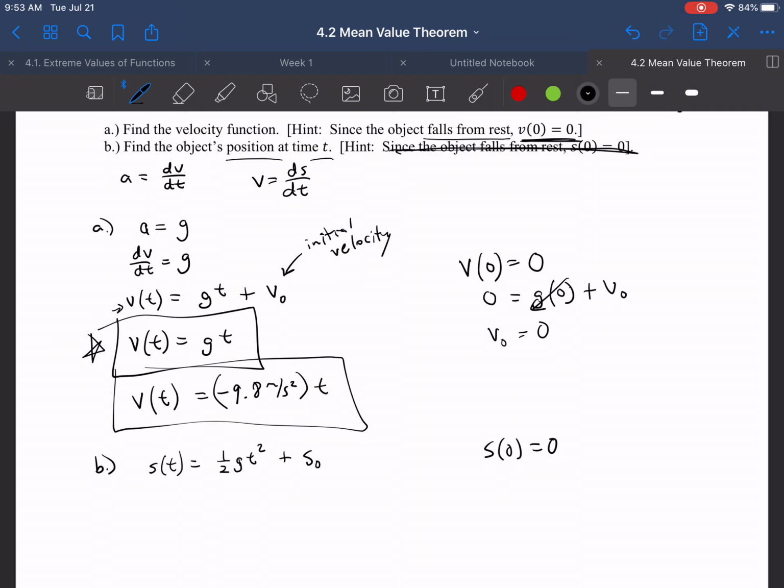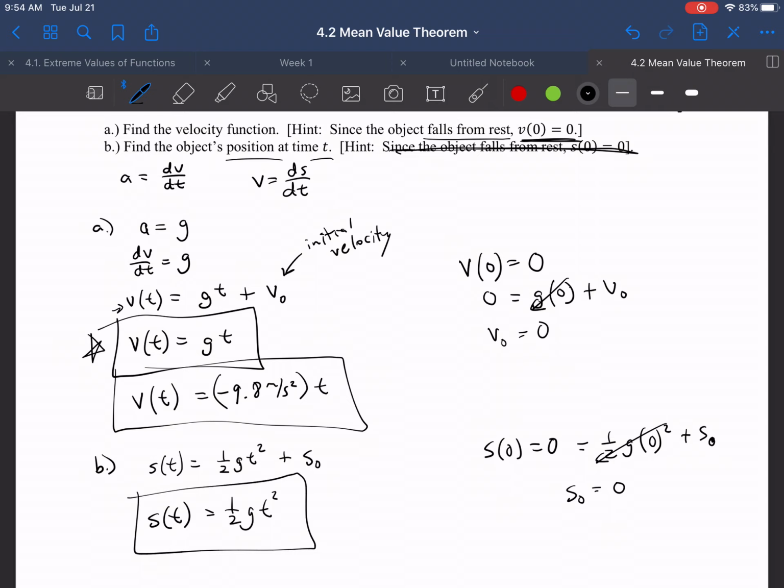We're starting from our origin. And so then that means that this is 1/2 g times 0 squared plus s naught. This is 0 squared, that whole thing's a 0. And then that means that s naught just equals 0. And so our final function for position in this case is 1/2 gt squared, just this.